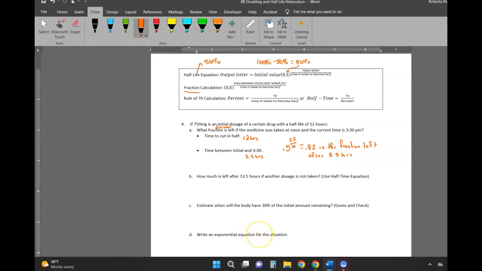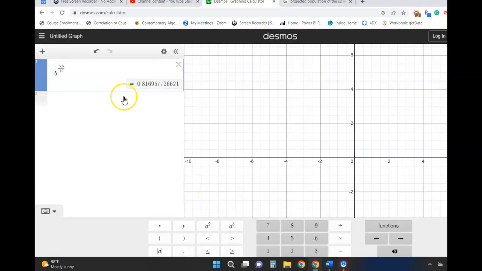Okay, how much is left in the system after 13.5 hours? The initial amount is 750, and we're going to cut this in half, so 0.5. We're doing this for 13.5 hours over 12 hours, which means I'm going to have less than half left in my system because we're going longer than 12 hours. For an estimate, 750 divided by 2 is 375, so 375 milligrams is half.